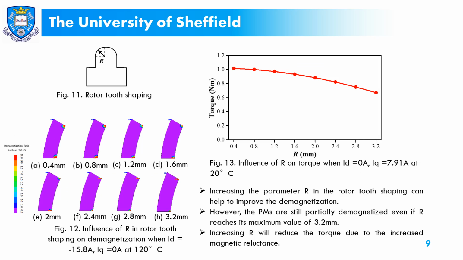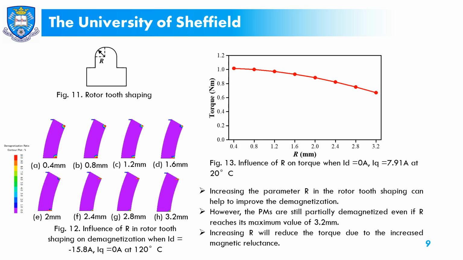The tooth shaping is defined by the parameter R. As can be observed from Figure 12, increasing the parameter R will improve the demagnetization.